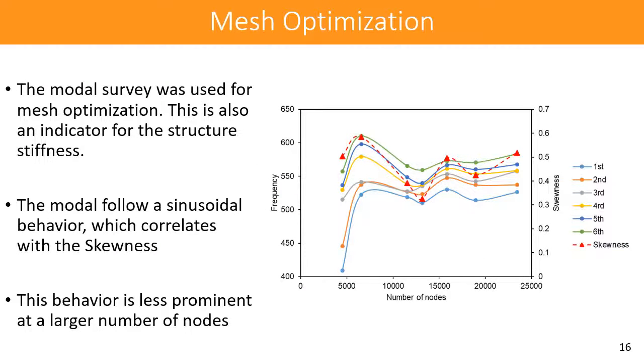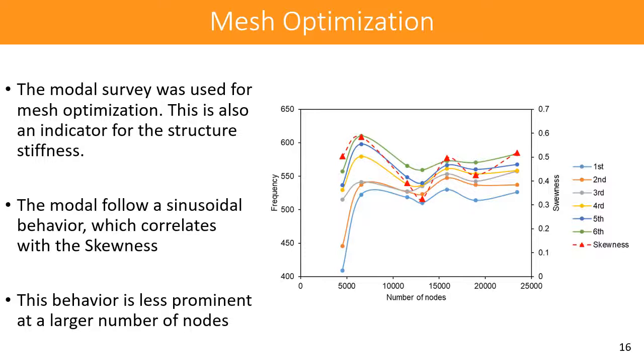For mesh optimization, I decided to go with the modal survey as the main parameter, because the first mode is a good indicator of structure stiffness. So I plotted the modal survey versus the number of nodes.